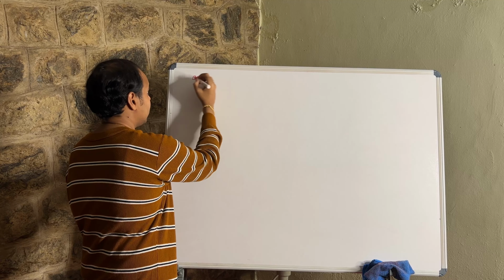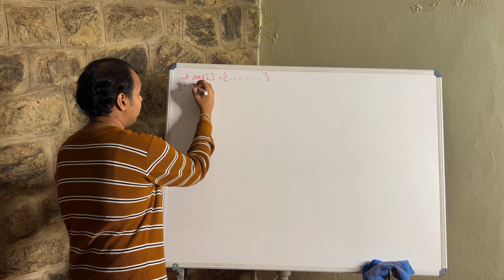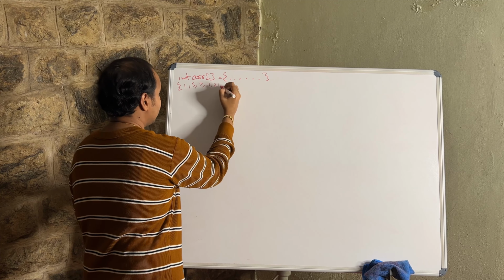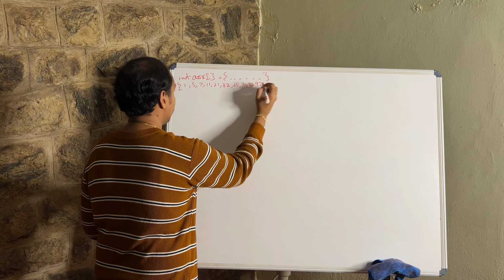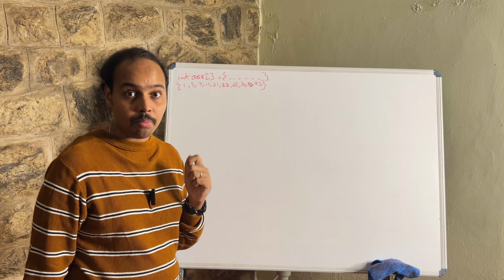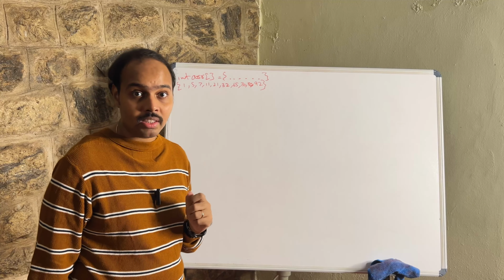Example: 1, 5, 7, 11, 21, 32, 65, 70, 80, 92.